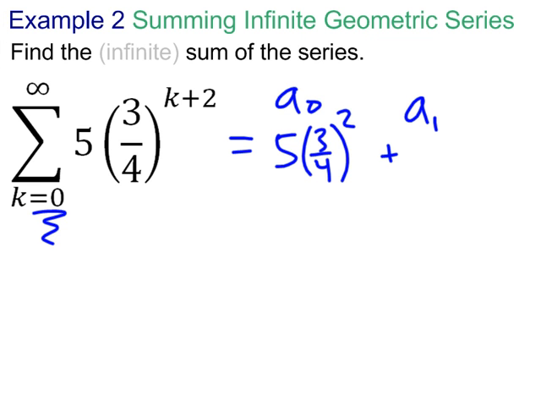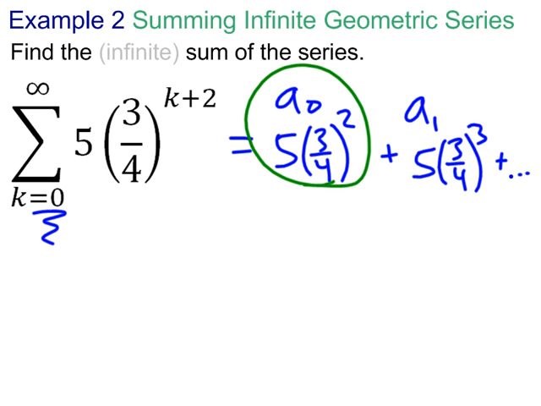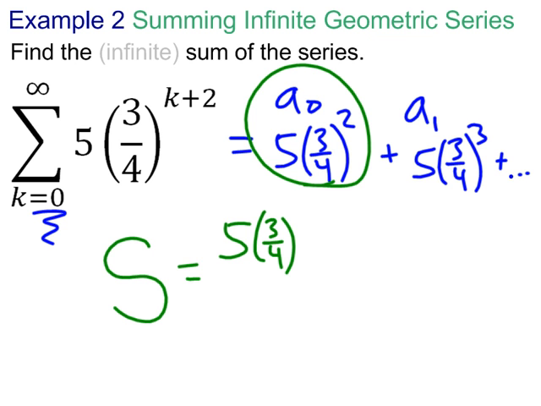And then a sub 1 would be 5 times 3/4 to the third, and so on. But again, I emphasize that when you use that formula, you just take the first term. So let's go ahead and say that the sum of all the infinitely many terms, in this case, is going to be the a sub 0 term, the first term, over 1 minus r.